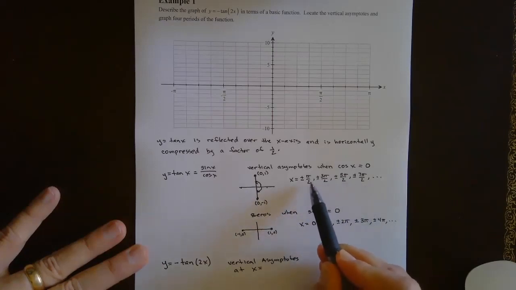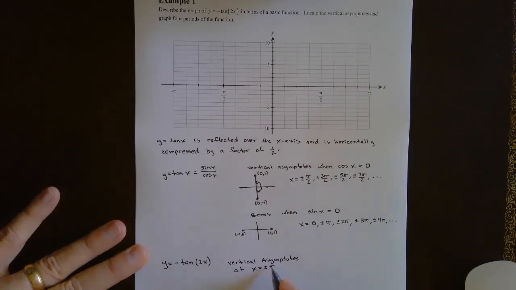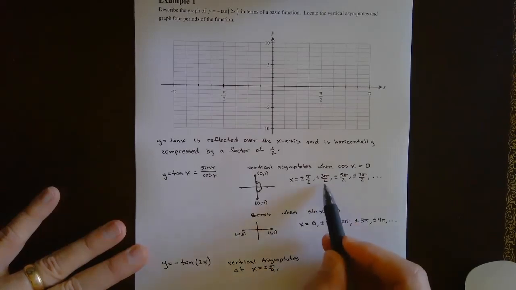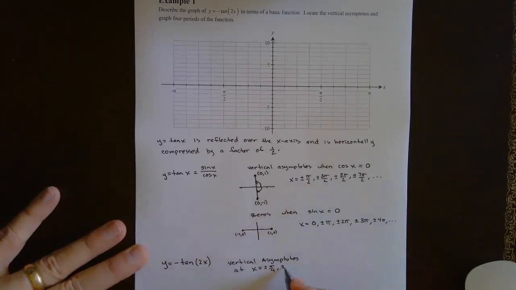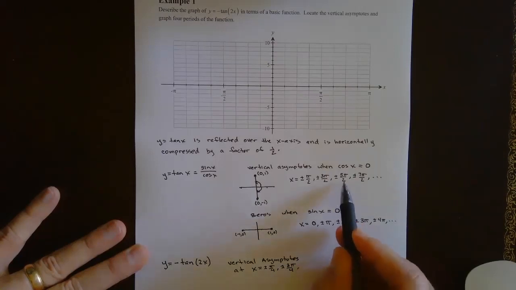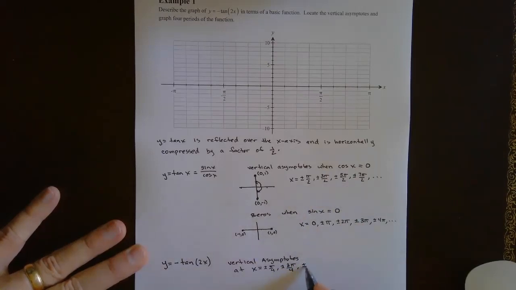So half of pi over 2 is plus or minus pi over 4. Half of 3 pi over 2 would be plus or minus 3 pi over 4. Plus or minus 5 pi over 4. Plus or minus 7 pi over 4. And there's a whole bunch more, okay?